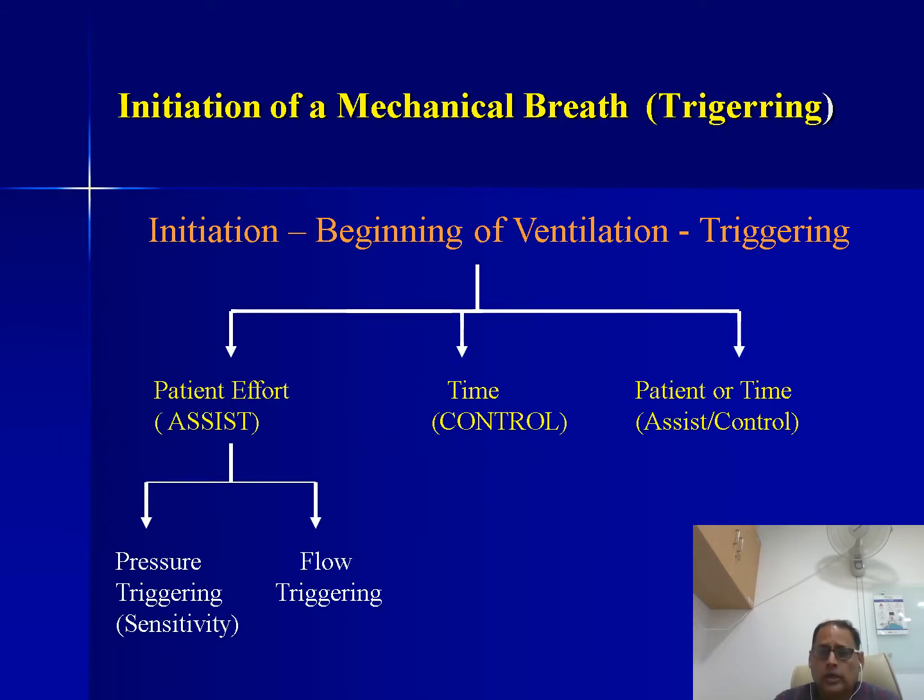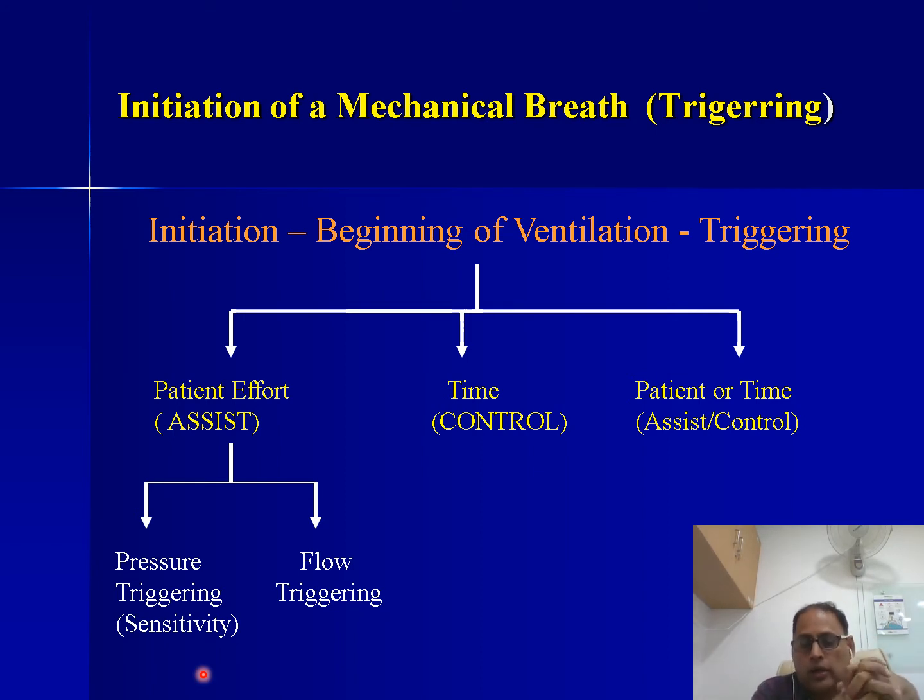Now if you look at the initiation of mechanical ventilation, what is termed as triggering. Now triggering, as I said, is the beginning of ventilation. So it could be a triggering which is purely by the patient's efforts, either a pressure triggering or a flow triggering.